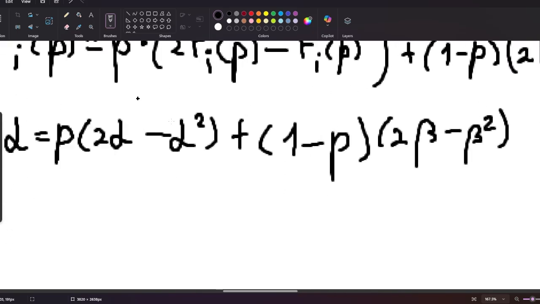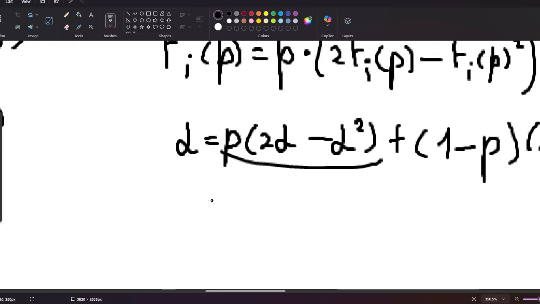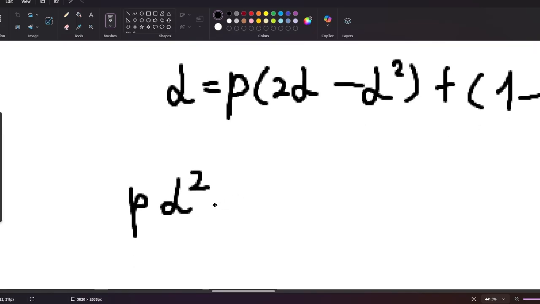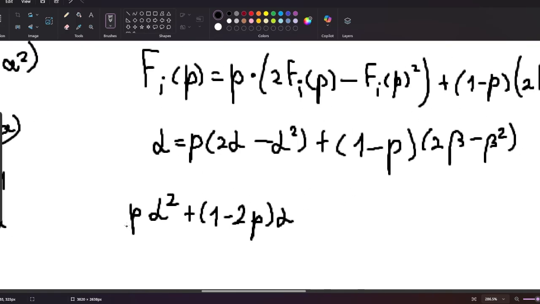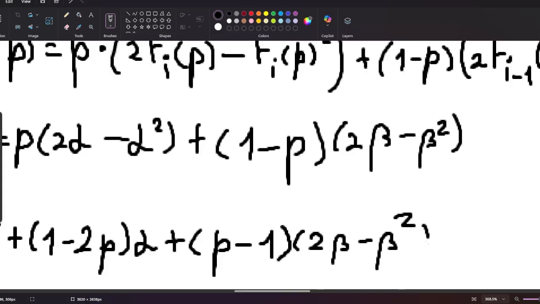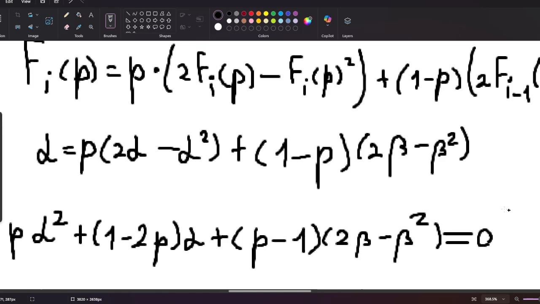Alright, now let's open this part. We have p alpha squared plus 1 minus 2p alpha plus, now we're passing this to the other side, so we have to negate it, p minus 1 times 2 beta minus beta squared is equal to 0.